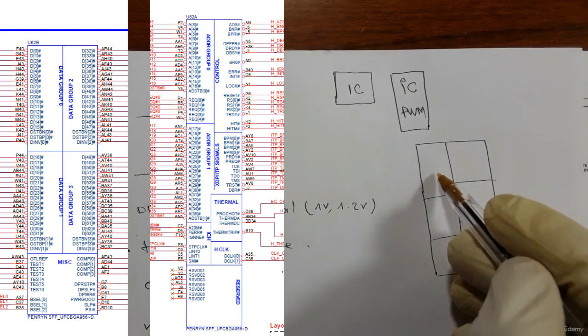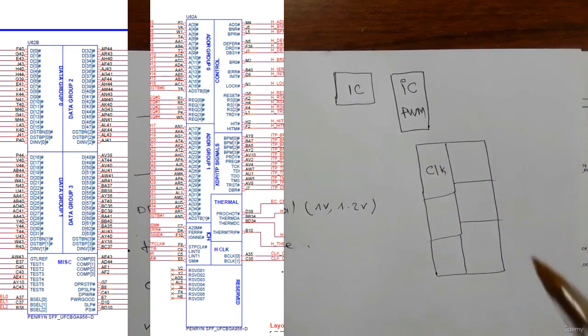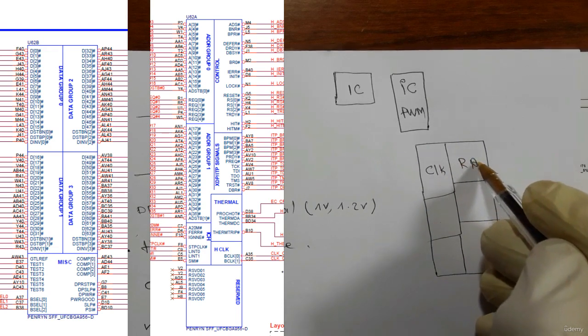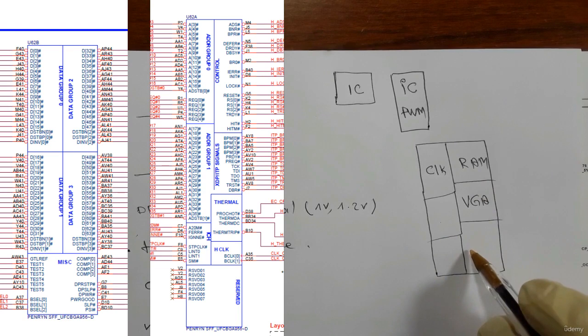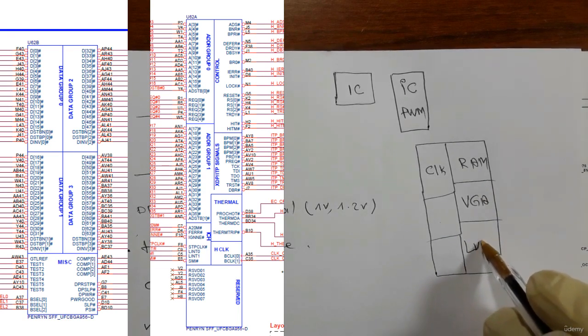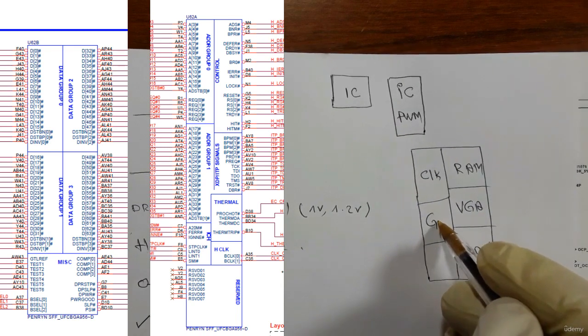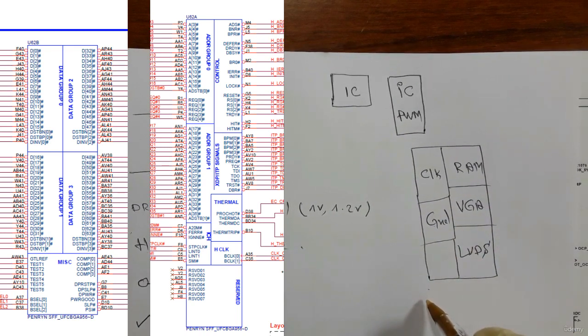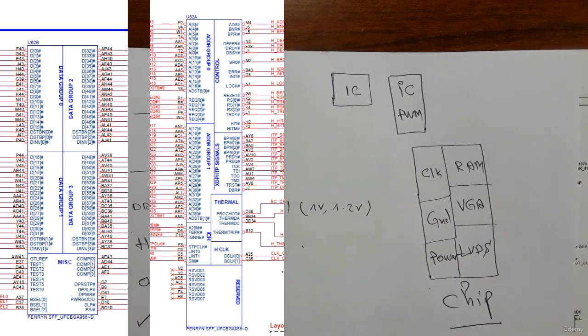Here you will find, for example, the clock, the RAM, the VGA, the LVDS, ground, and power. So this is a chip. This is the symbol of the chip in the motherboard. We will see all this.